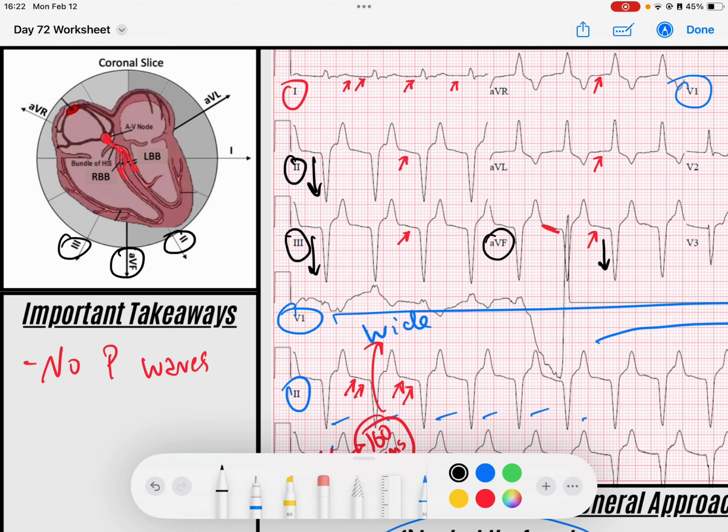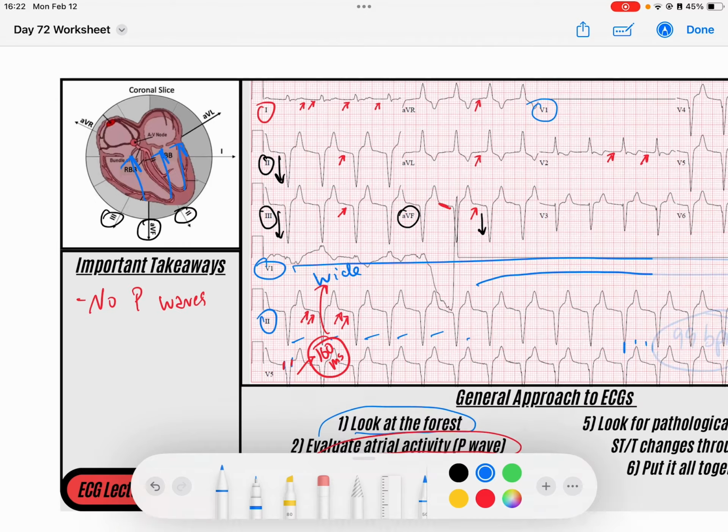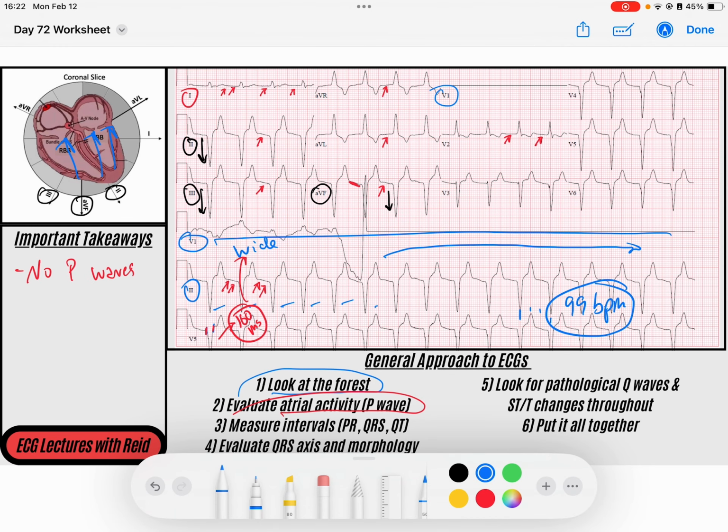So if it's a negative complex from an inferior lead perspective, that tells me that the axis of depolarization is going up. It's going from down to up. And that is really not characteristic of the AV node passing the signal down. And so what I'm getting at, which a lot of y'all probably are understanding at this point, is that this is a ventricular rhythm.